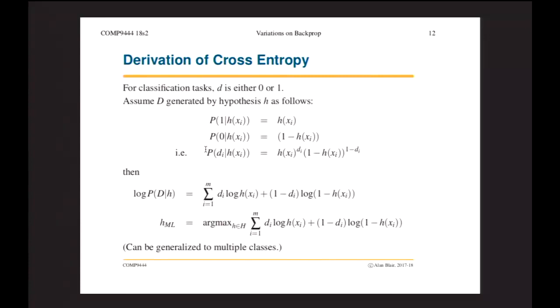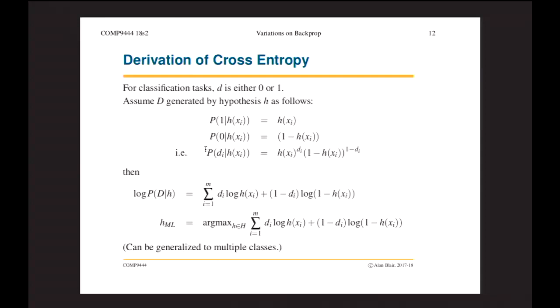Now, in fact, this formula does work when the data is not 0 or 1. In that case, it's called the Kullback-Leibler divergence. But we're not going to do that generality. We're just assuming that what was observed is either 0 or 1.